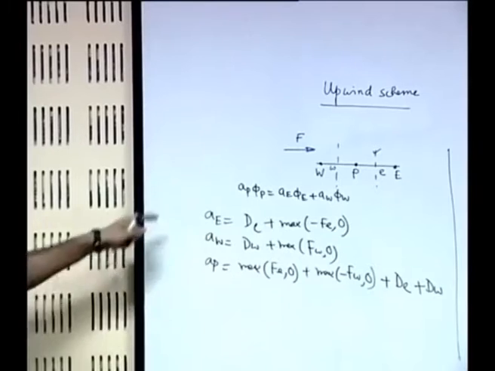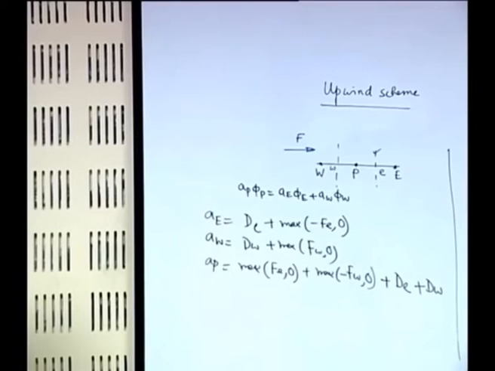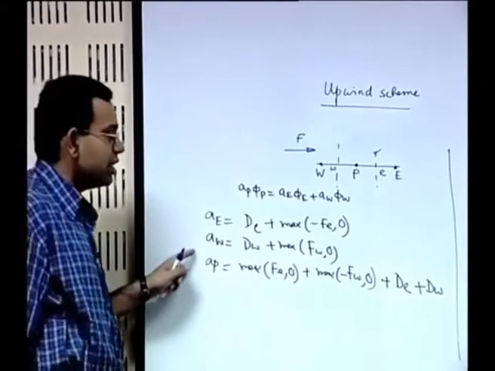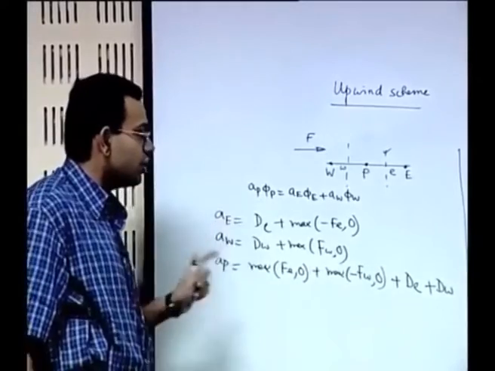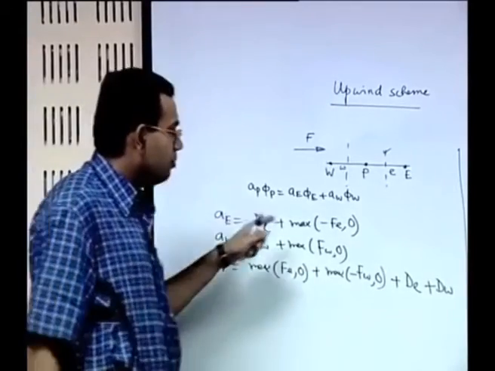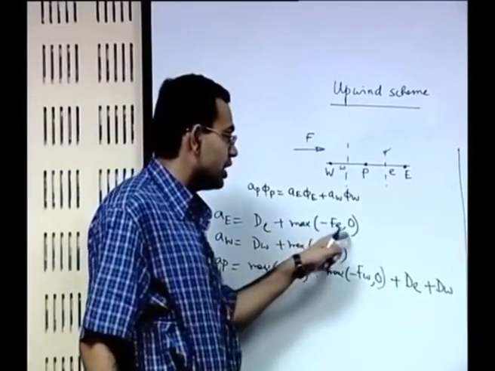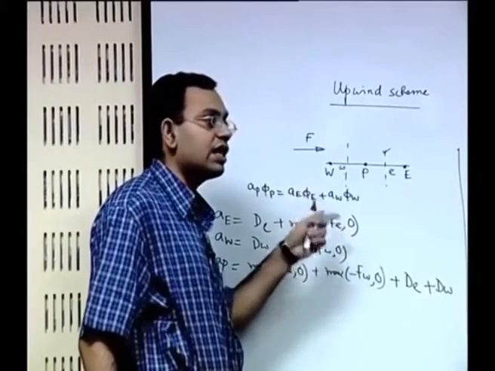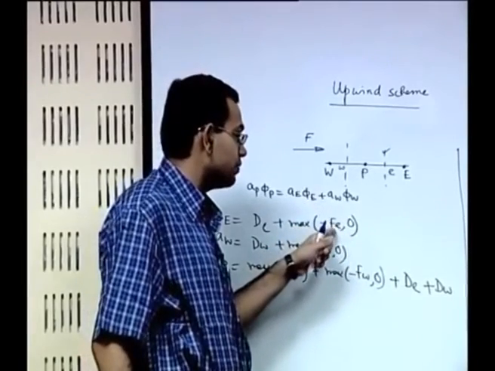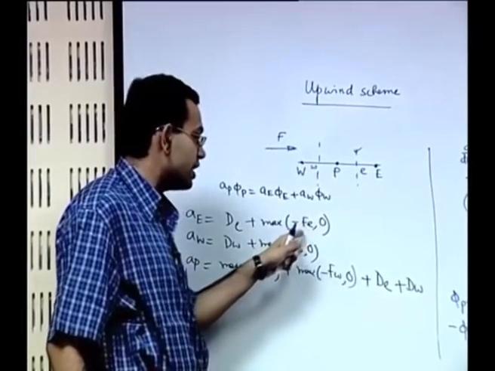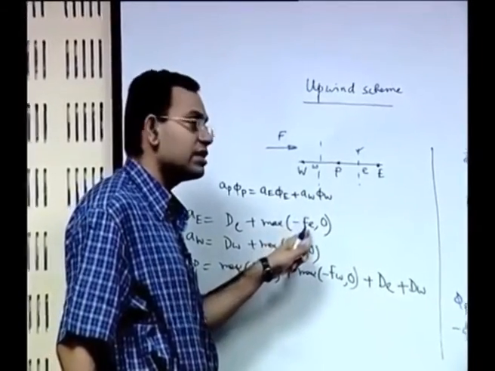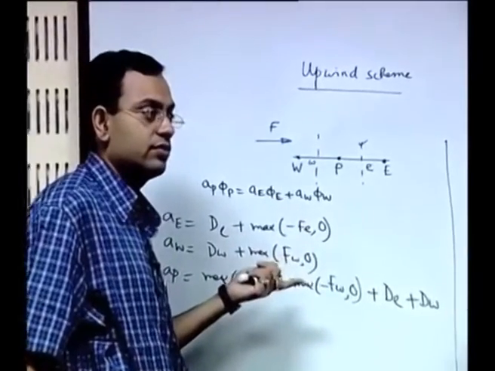By looking into this we can observe one important thing, that all coefficients must be of the same sign, because D_E and D_W are positive and the max of these will always return something which is at least 0, because if F_e is greater than 0 this will return 0, if F_e is less than 0 it will return minus F_e which is greater than 0.